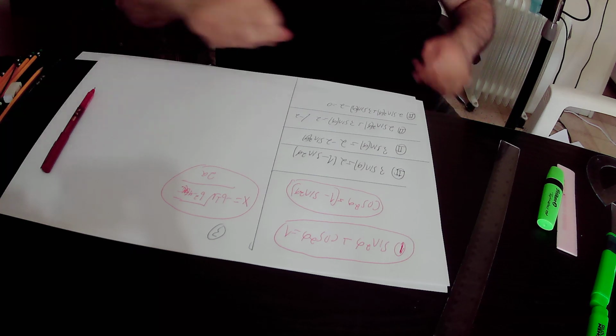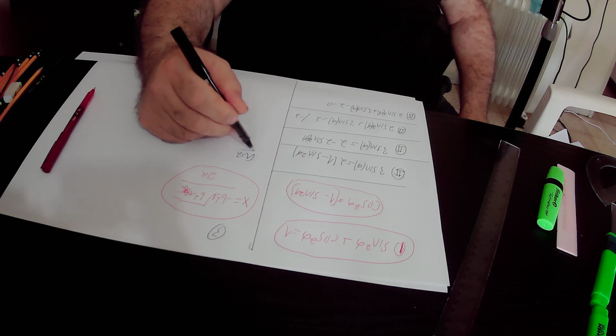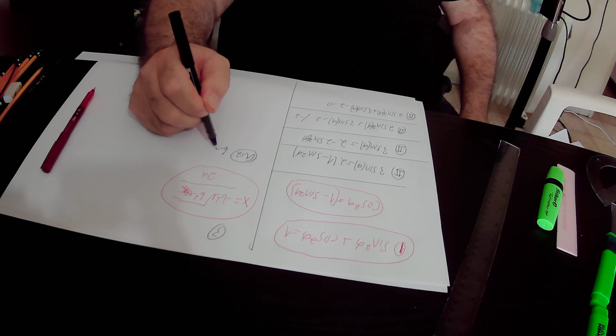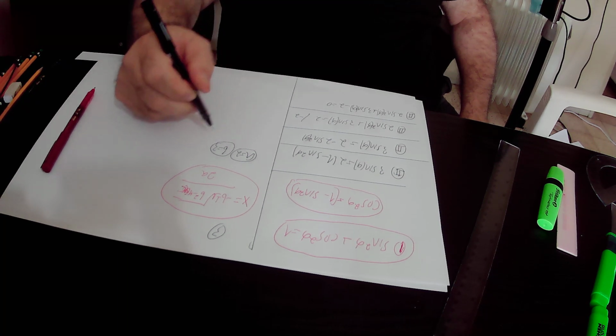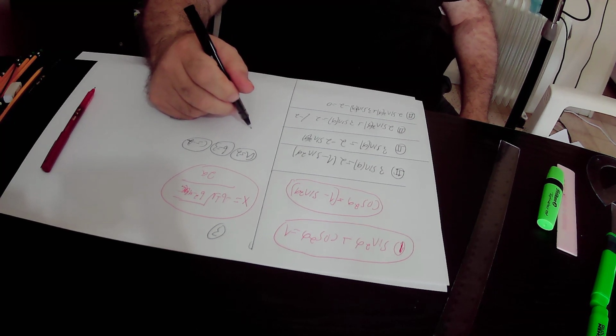In our specific quadratic equation, the coefficient a equals 2, the coefficient b equals 3, and the coefficient c equals minus 2. And the variable that we are looking for, that is to say x, equals sine alpha.